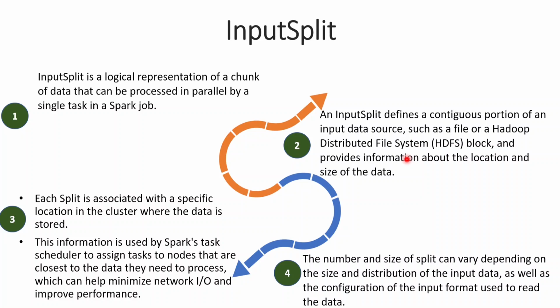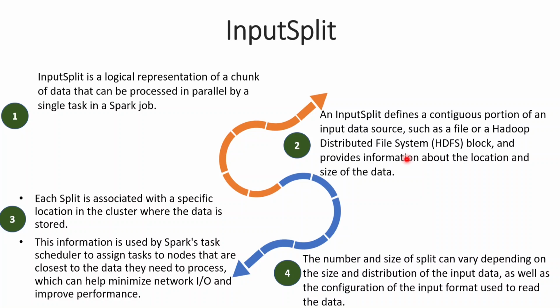Which means, let's say we are having one Parquet file which is 800 megabytes, just for example. Then the Spark engine has decided to split the data into 100 megabytes. So this 800 megabytes data will be split into 8 pieces logically.